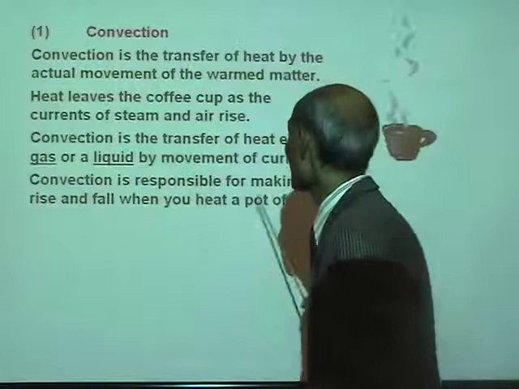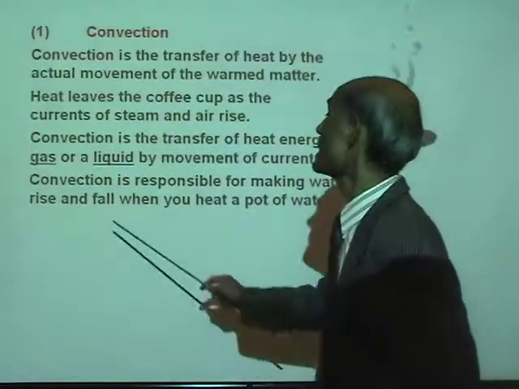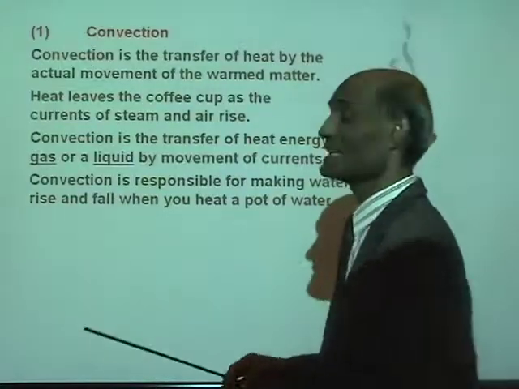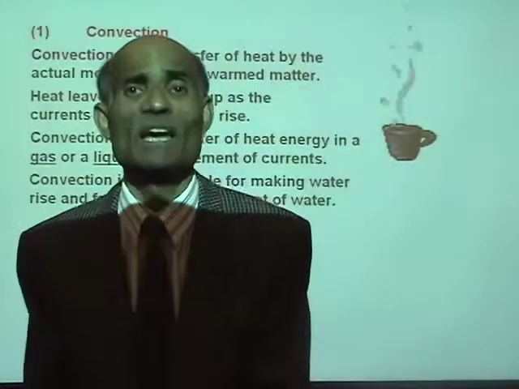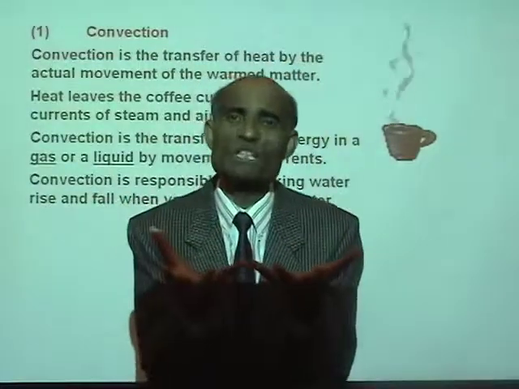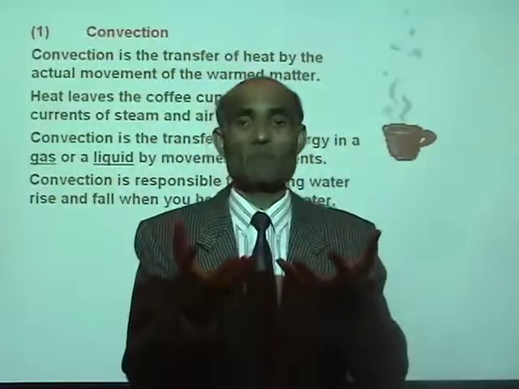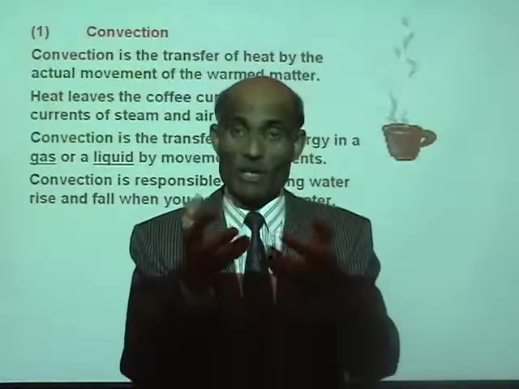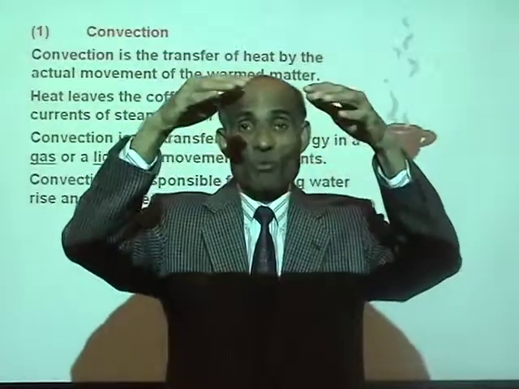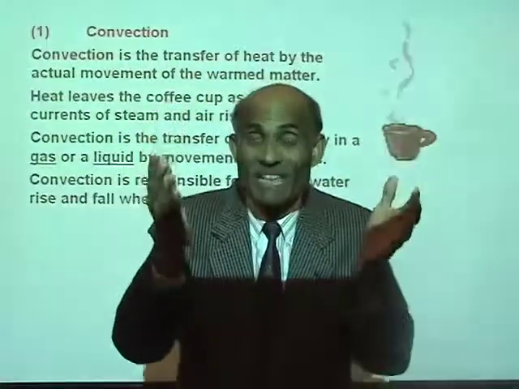Now, convection is responsible for making water rise and fall when you heat a pot of water. Have you actually seen when you put a pot of water for heating? If you look at it carefully, water from the bottom will rise and water from the top will sink.